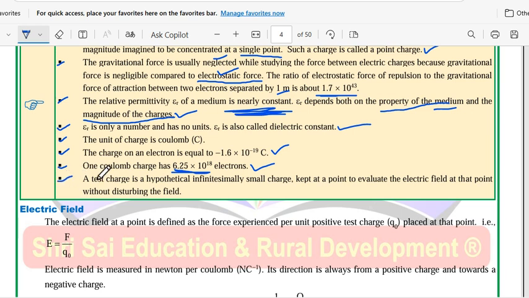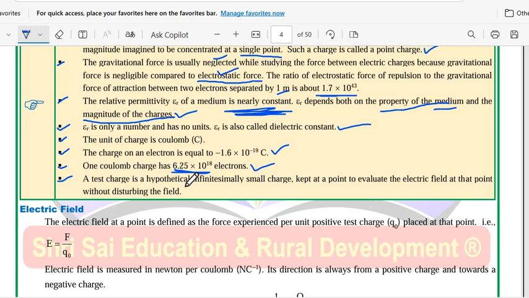Next, a test charge is a hypothetical infinitesimally small charge. You can't even imagine the smallness of that quantity.